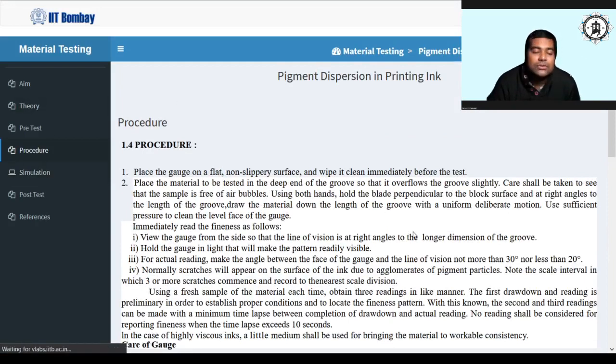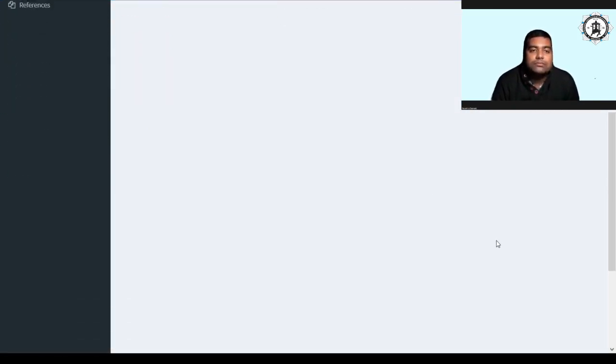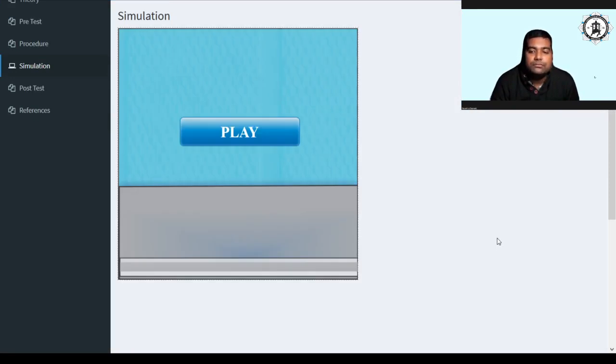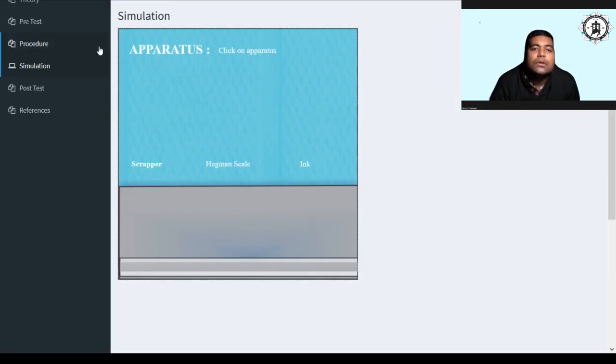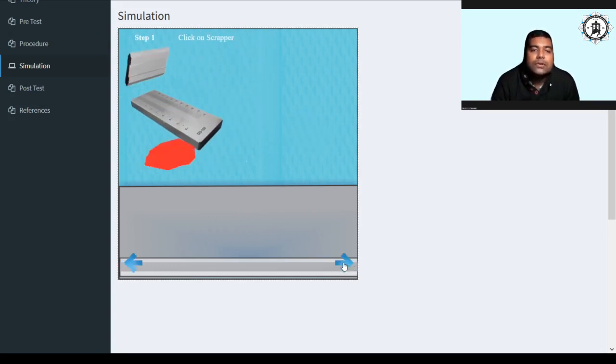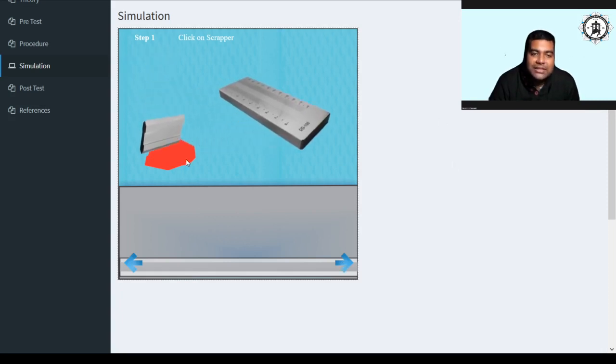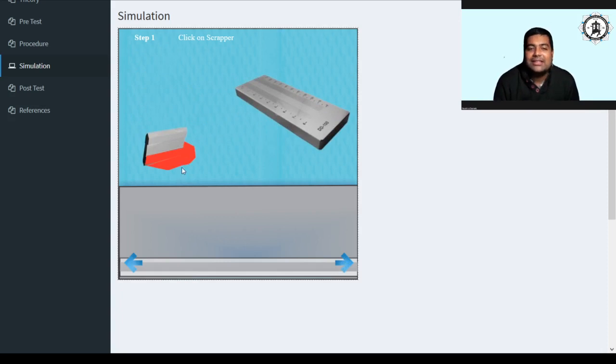Let us do the simulation also. So let us click on the apparatus. What is required? Ink is required, Hegman gauge is required, and scraper is required. So let us click on the scraper first. This process we don't do. This is not actually the process of applying ink. We normally apply the ink with the help of the knives.